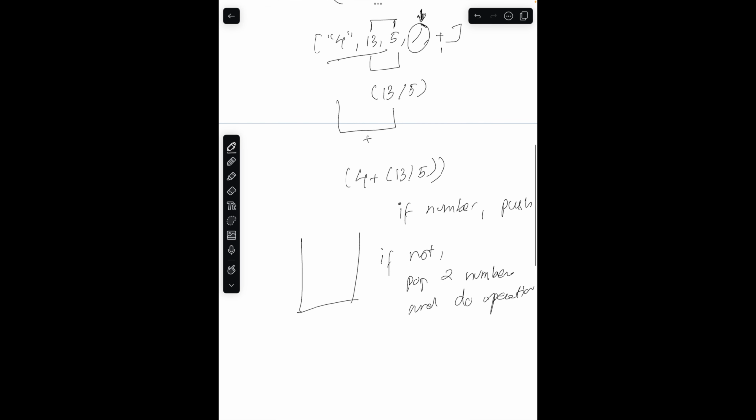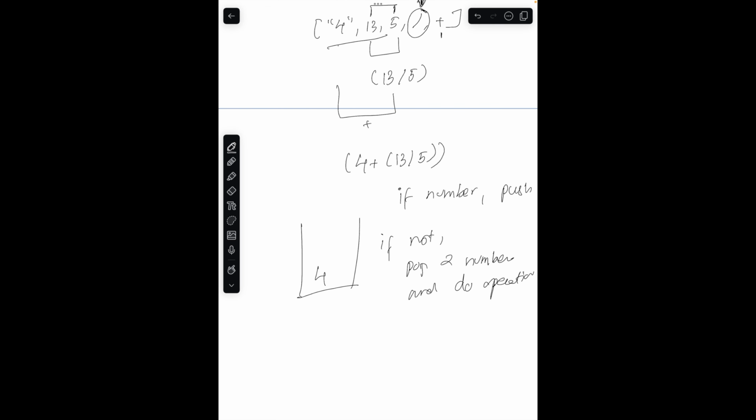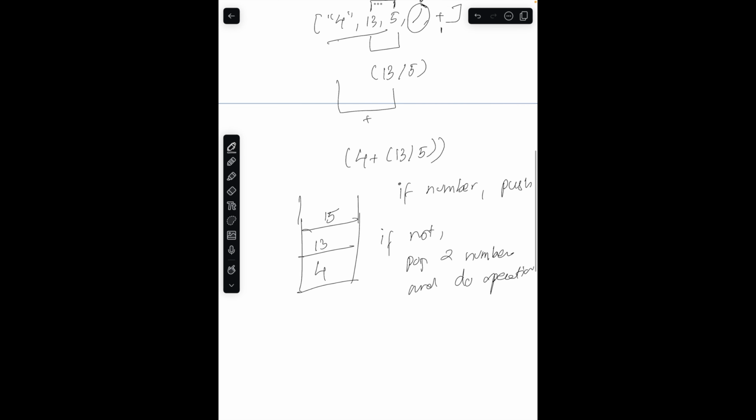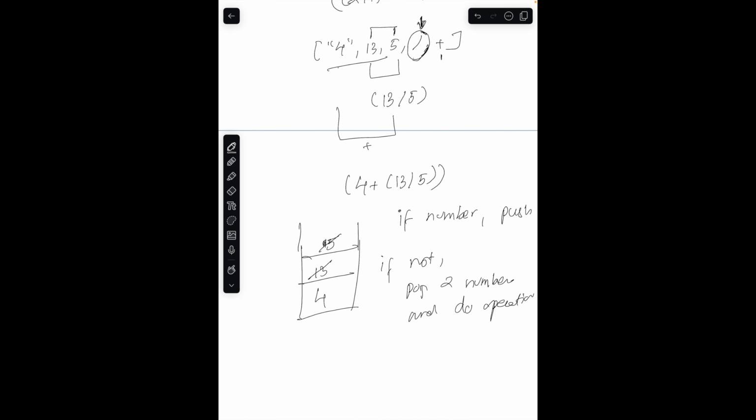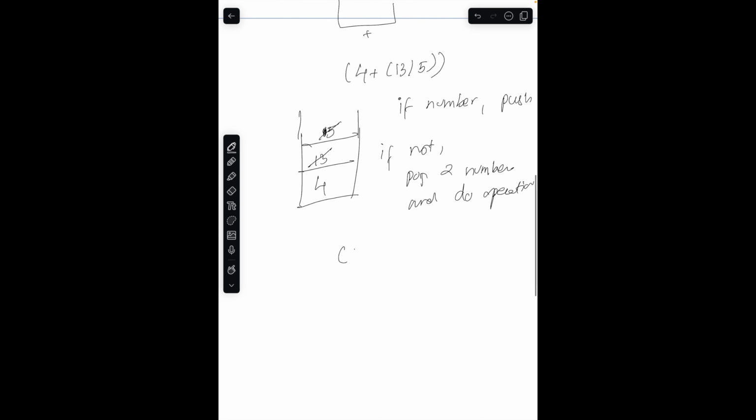So from this example, we push 4, we push 13, we push 5, and then a divide operator comes in. We pop 13 and 5, and we divide these.